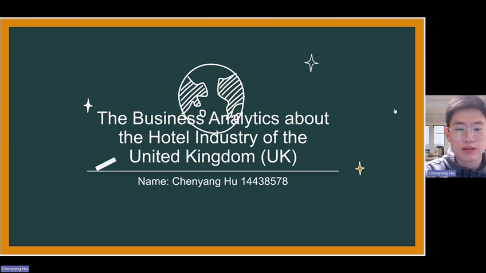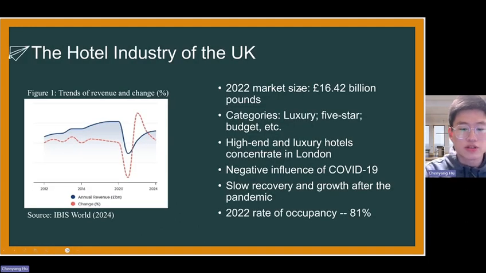I'm very glad to make this presentation for you about the business analytics of the hotel industry of the UK. In 2022, the British hotel sector had a market size reaching 16.42 billion pounds, which was 11.28 billion more than 2011.